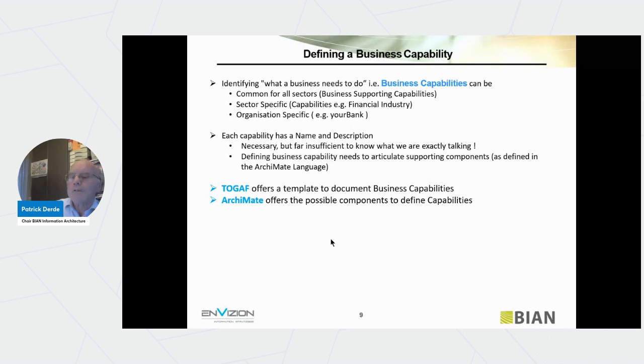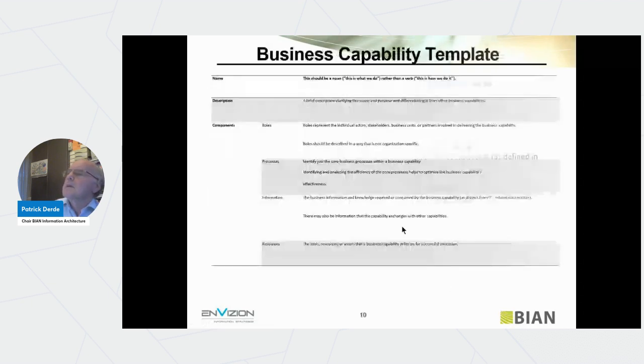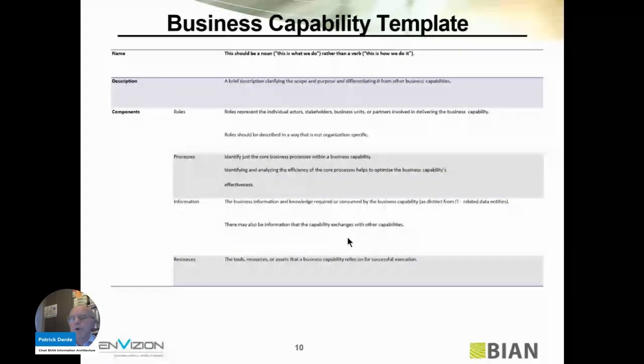We also have to tell what makes this capability a capability, and that is expressed by the other business architecture components that are defined in as well TOGAF as in ArchiMate. And TOGAF is giving us a template to document these capabilities, and on this template you can clearly see we give it a name and a description, but we're also going to tell what are the components of a business capability.